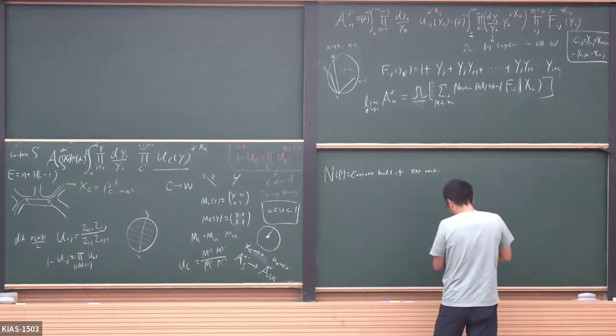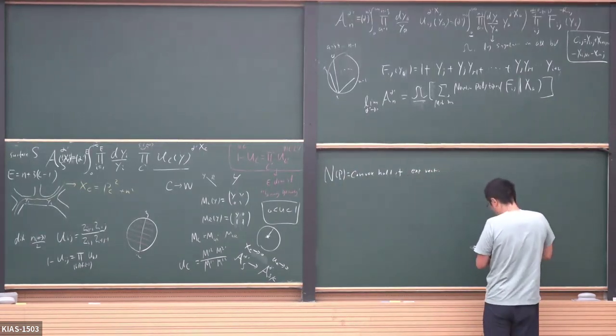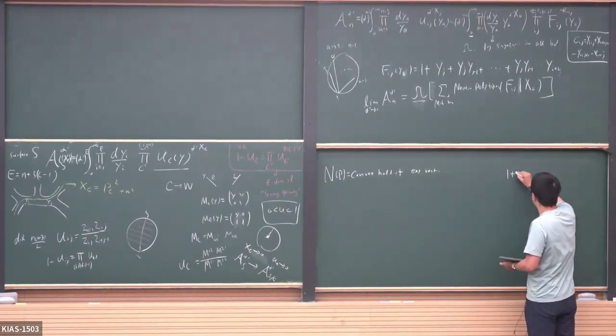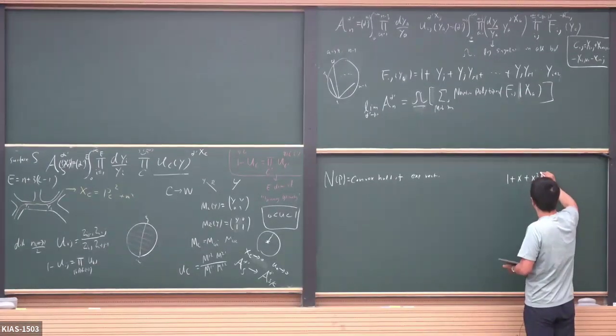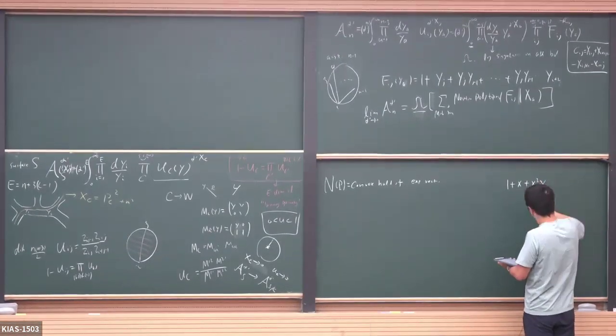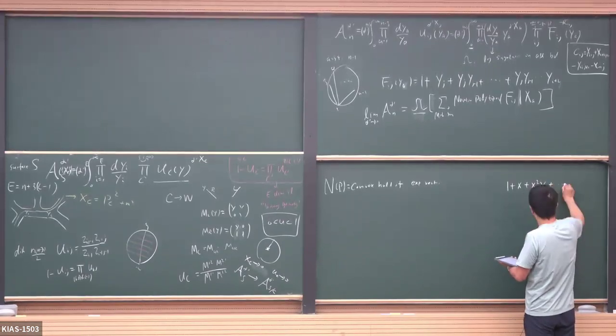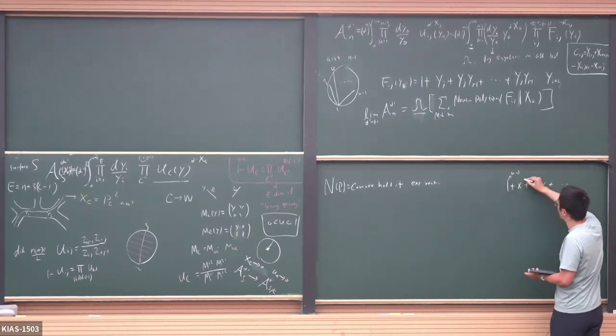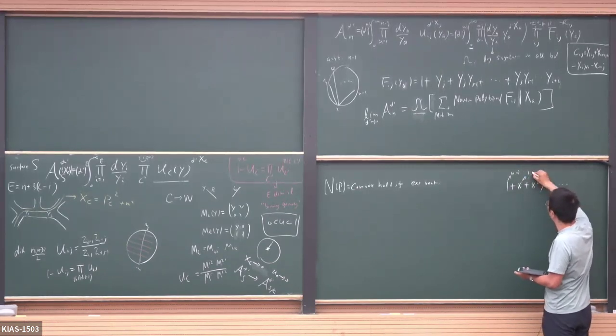So for example, let's see if there's a good example I can show in real time. I give you 1 plus x squared y plus something. The exponent vector here is just (0, 0), since I'm in two-dimensional space, and this one is (1, 0).